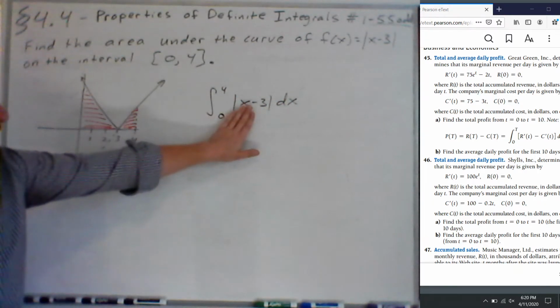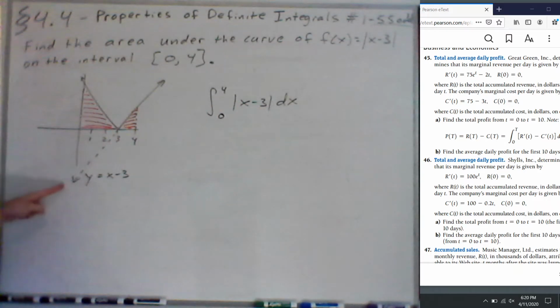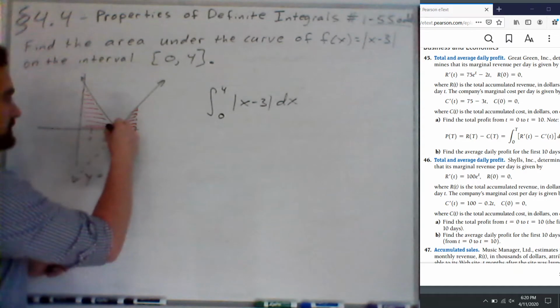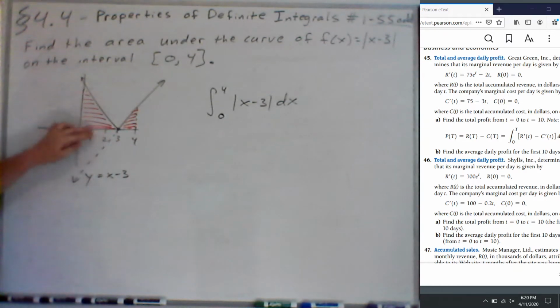If I just integrate it and get 1/2 x squared minus 3x, I've integrated this linear function, which is going to pick up a bunch of negative values over here, and then after it crosses, it'll pick up some positive stuff. And this positive and this negative stuff will cancel out a little bit, and then I'll be left with this extra negative area.